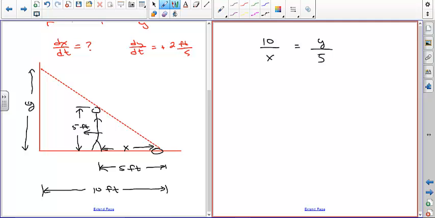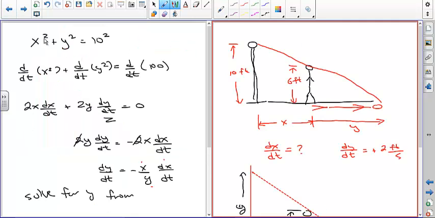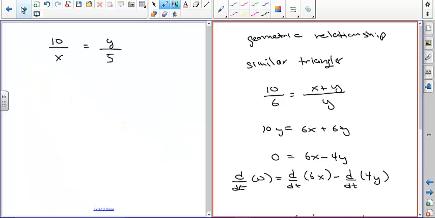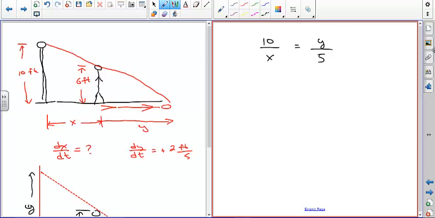In the previous example, you remember what we got, something like that. We ended up with a nice linear equation. Here it's not quite as nice. You get 50 is equal to xy. So that's the geometric relationship you get for this problem.